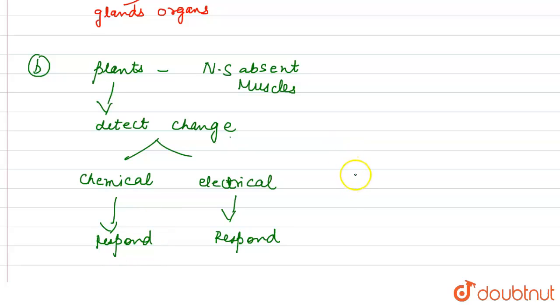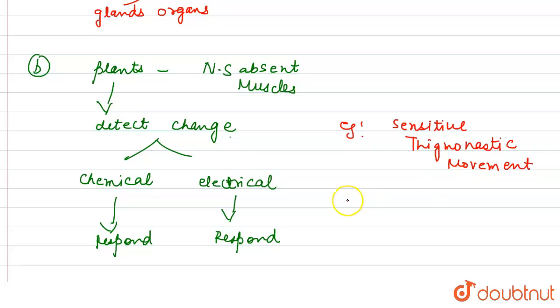Now we will look at an example of a plant having a specialized kind of response. We have a sensitive plant which shows thigmonasty, or the thigmonastic movement. The plant name is Mimosa pudica.